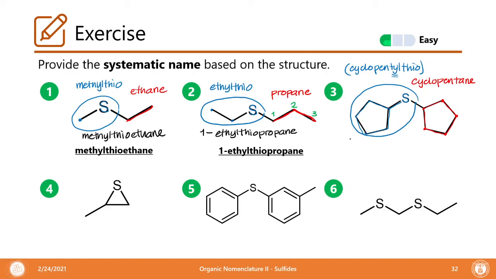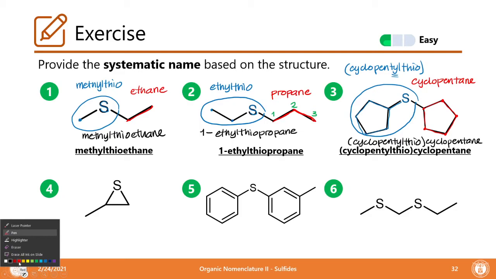So when we name this, cyclopentyl thio cyclopentane. Okay, there we go. Number 4.